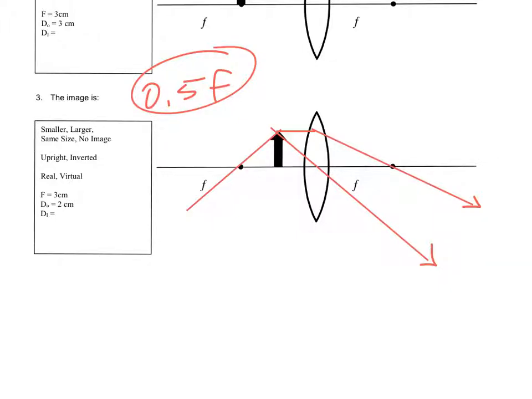And if I extend this one out this way, and then I extend this one out this way, you see that they do intersect. And it's at this position that my image is going to be formed. And you can see that this image is significantly larger. It is no longer inverted, it is upright, and all upright images are virtual.